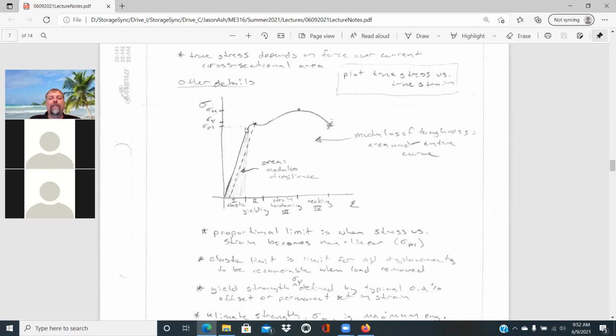The proportional limit is just when that stress versus strain starts to become nonlinear. And then that yield strength is defined as a 0.2% offset.